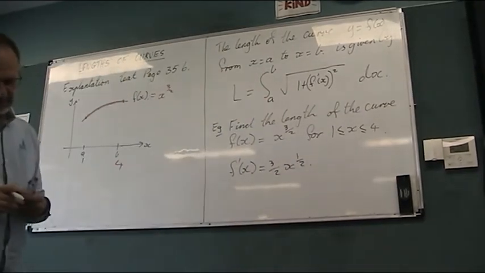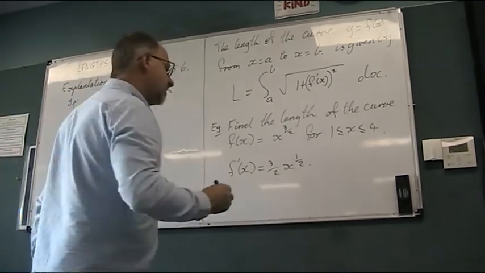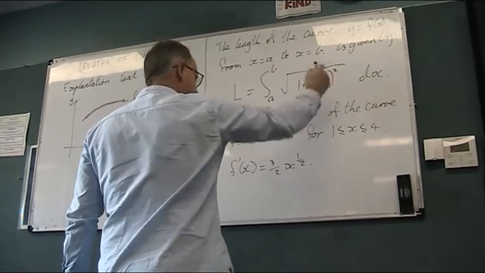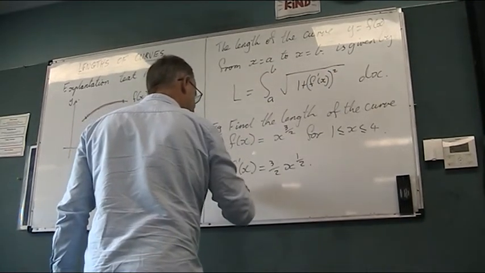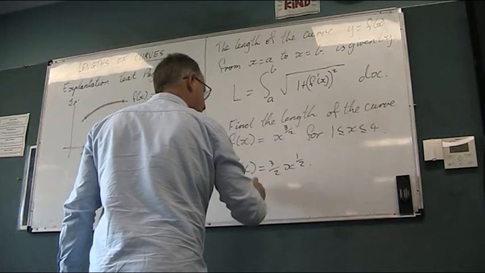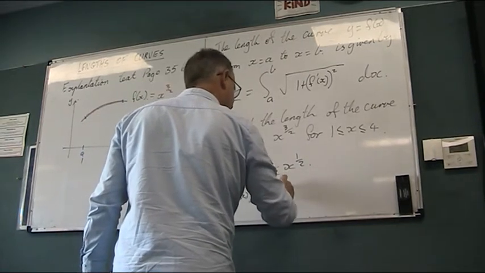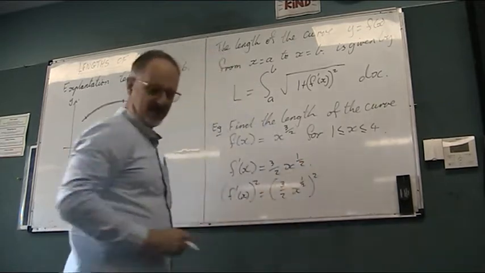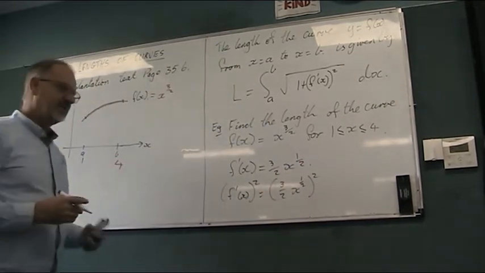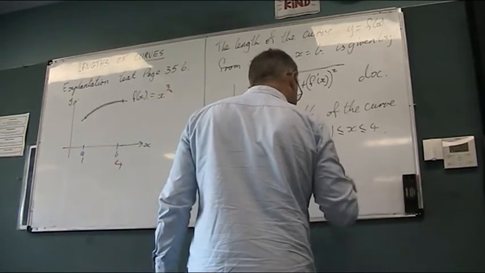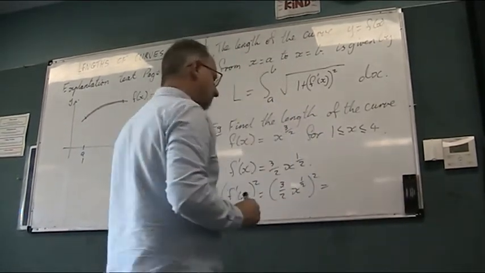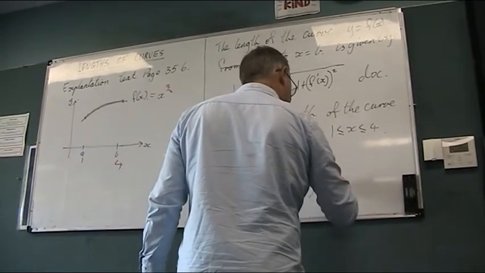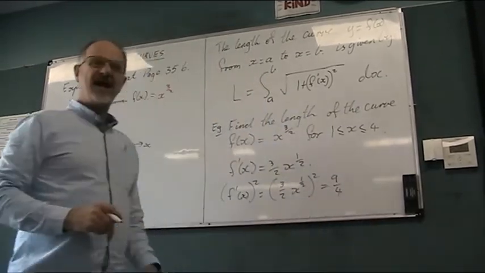But when we put it in, we need to square it. So f dashed x squared is 3 over 2 x to the half, and then we square it, which becomes 9 over 4 x to the half.